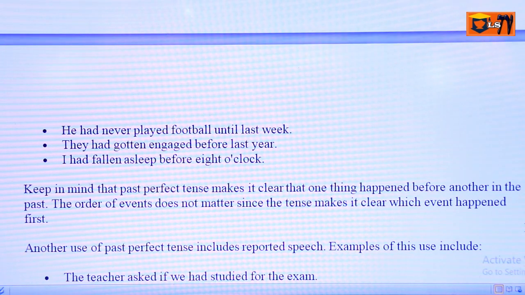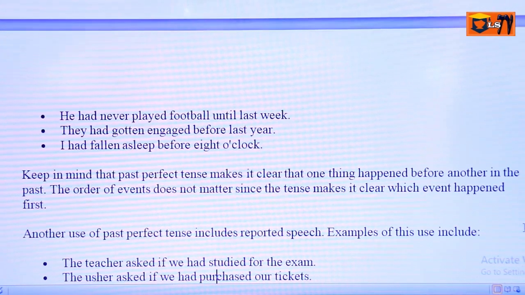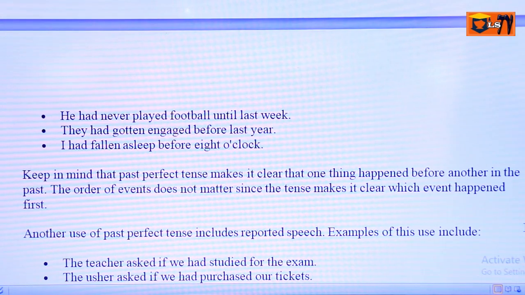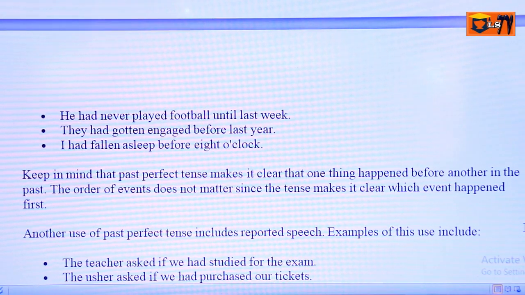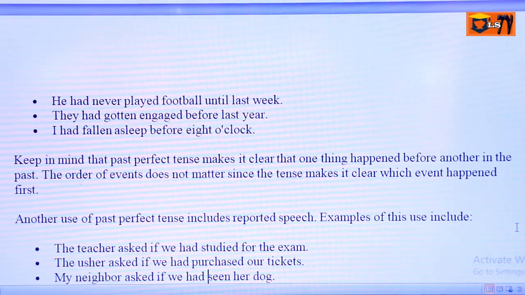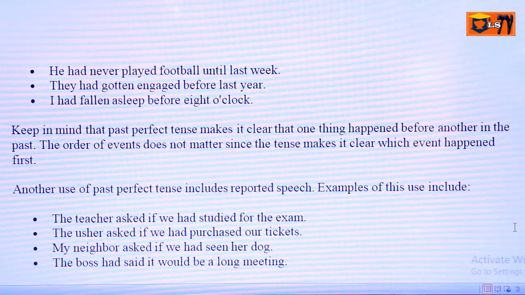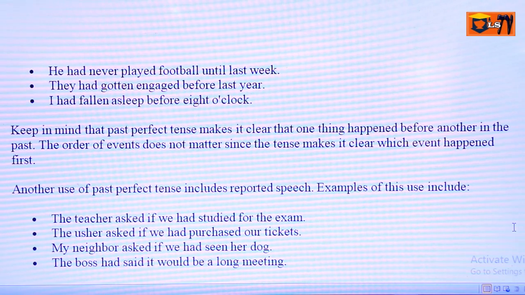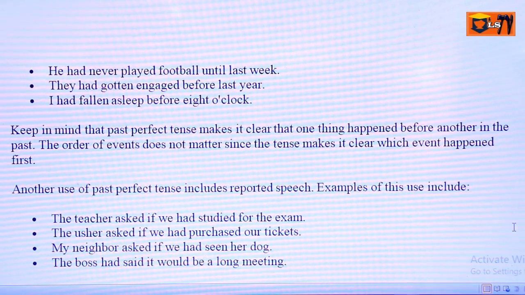Keep in mind that past perfect tense makes it clear that one thing happened before another in the past. The order of events does not matter since the tense makes it clear which event happened first. So here I want to emphasize that there are two different actions.